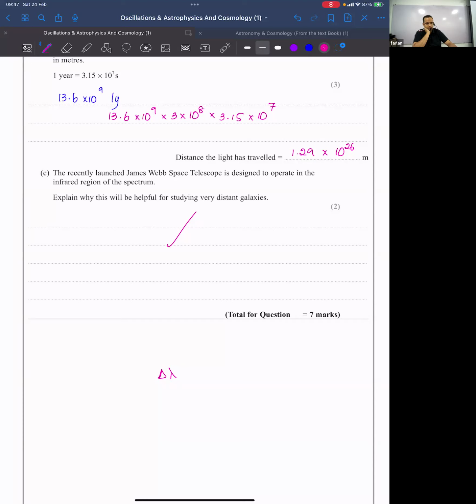So it can be in the infrared range when it arrives at the telescope. Sorry? Yeah, using that to detect it.